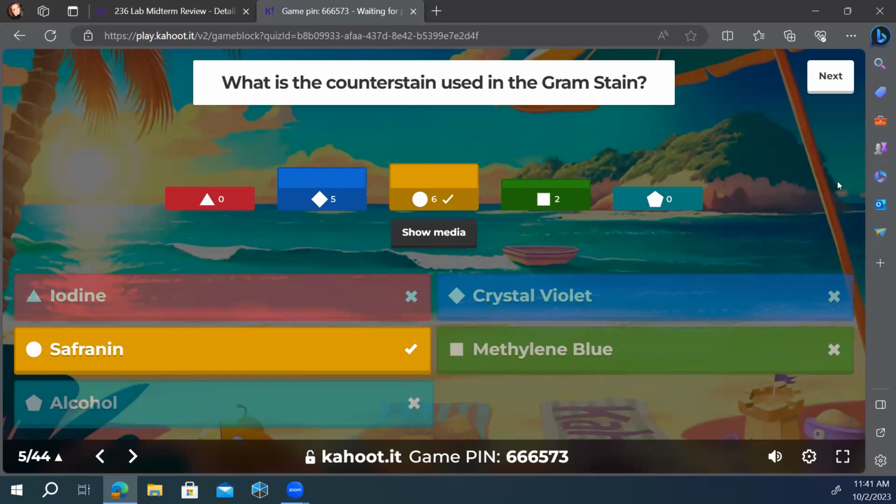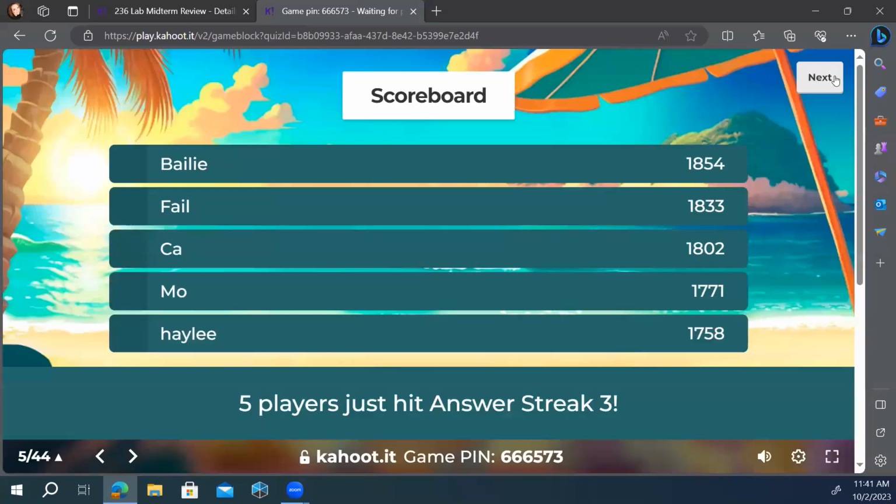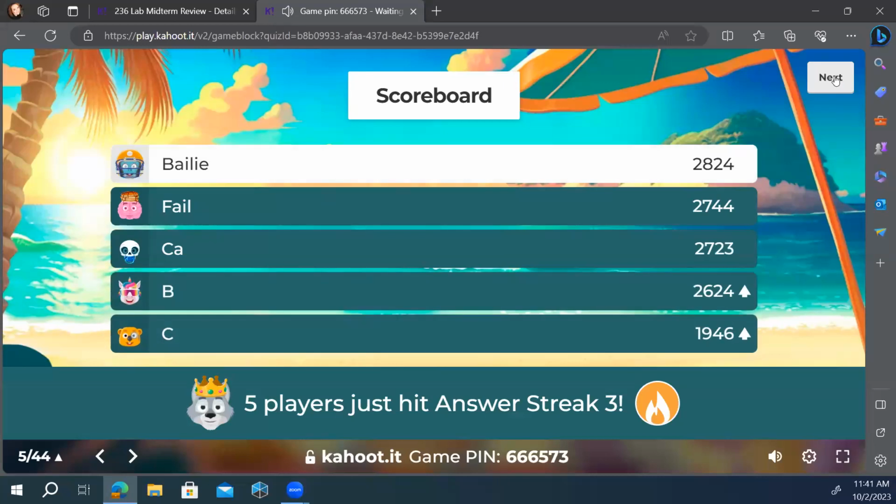So it's usually the last stain. With acid fast, it's the methylene blue, right? We stain pink with the carbol fuchsin. Anyway, for gram stain, it's safranin. It's just going to give us some contrast.